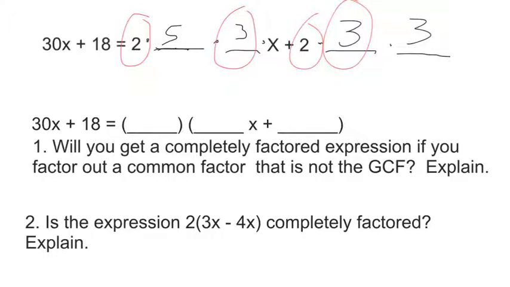It doesn't have another 3 to go with it. It not only has to be in common, it has to be there just one time. There's a 3 that shows up only once here, there's not a second 3, so I'm only going to take the 1, 3 from that one. Since I only have the 1, 3 and the 1, 2, that 2 and 3 are going to become part of my GCF.